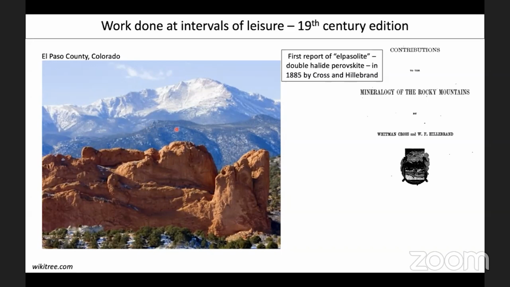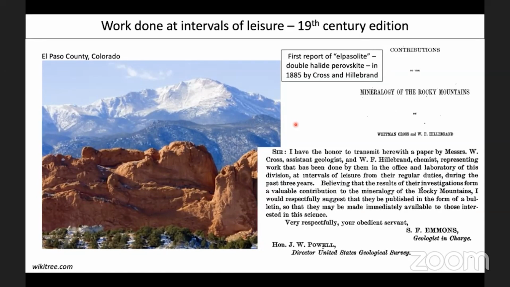And you can read about this in this Mineralogy of the Rocky Mountains, which is basically published by the Bulletin of the American Geological Society, and you can basically find this on the internet, and it's a very nice rabbit hole to disappear into if you have some time.